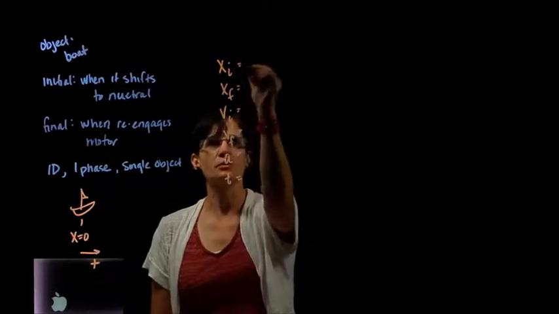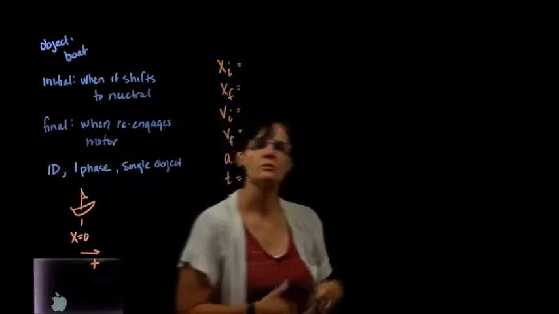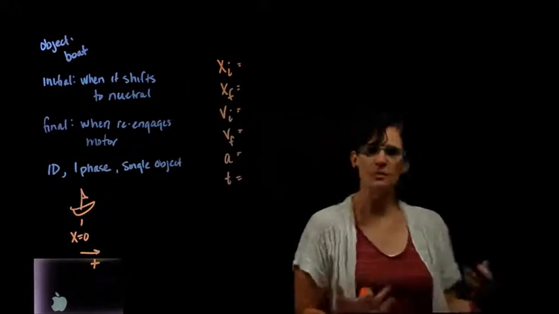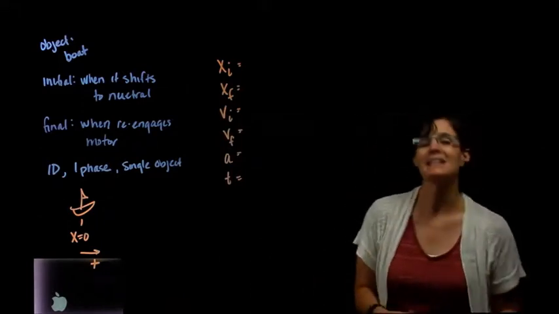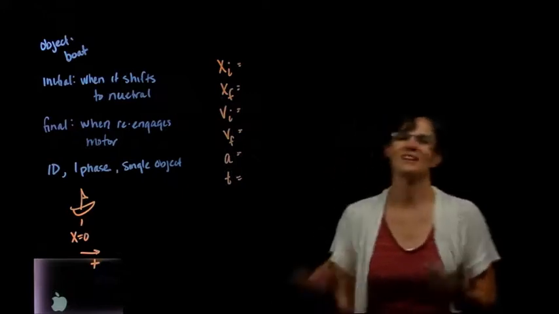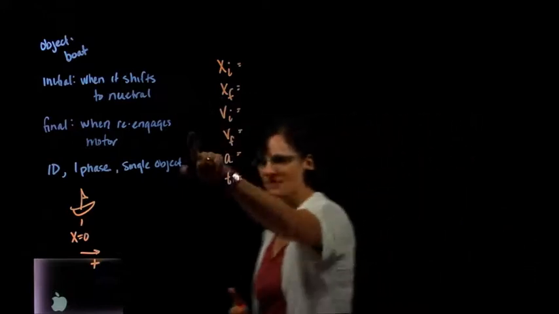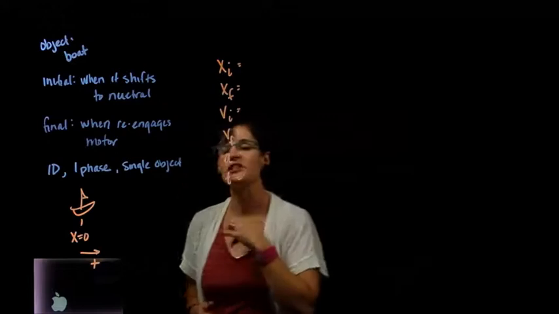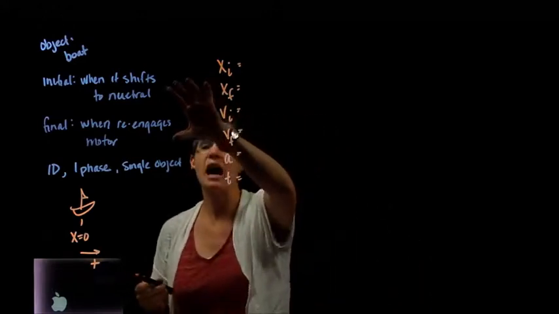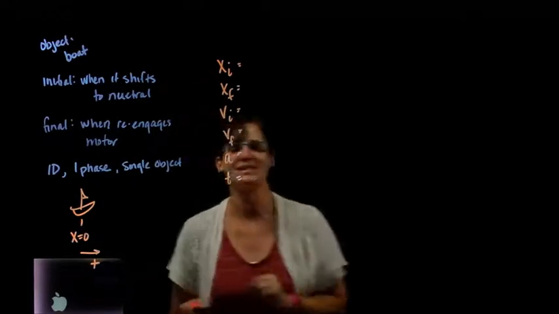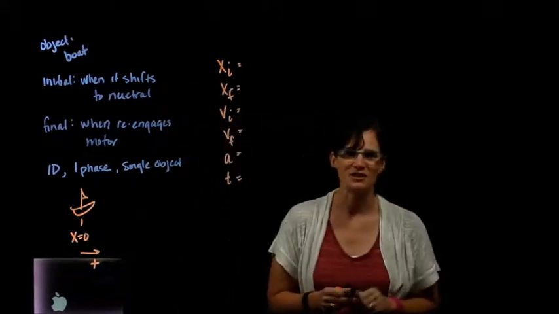Our initial position corresponds to the location when it shifts into neutral. Our final position corresponds to the location when it re-engages. Initial velocity, the velocity when it shifts into neutral. Final velocity, the velocity when it re-engages. The acceleration and the time, that time is how long this process is taking, and of course the acceleration is during that time.